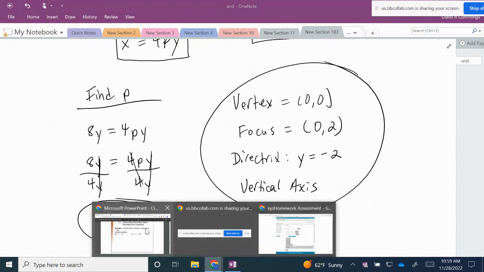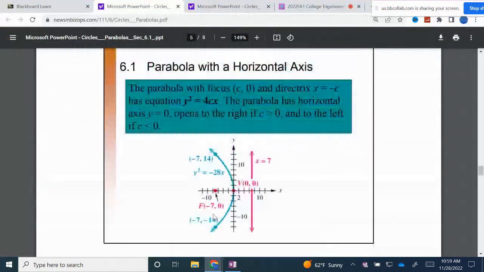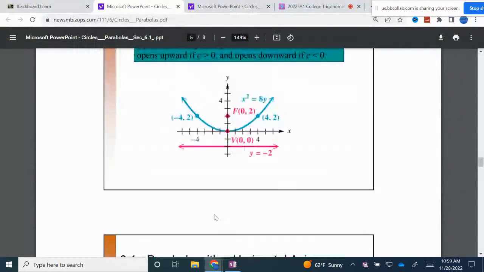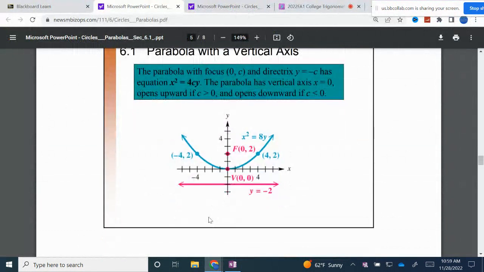Now, if we go back to this example, this is actually x squared is equal to 8y. So notice that once we found p, and this is why you'll see in the solutions on the homework, they'll factor out 4, because this model form is x squared is equal to 4py.